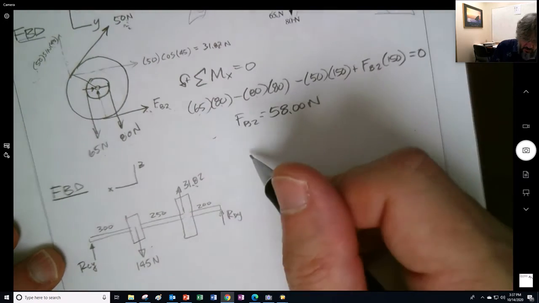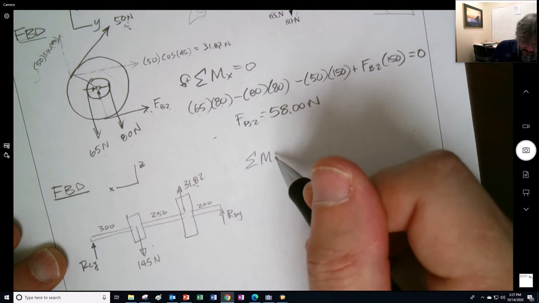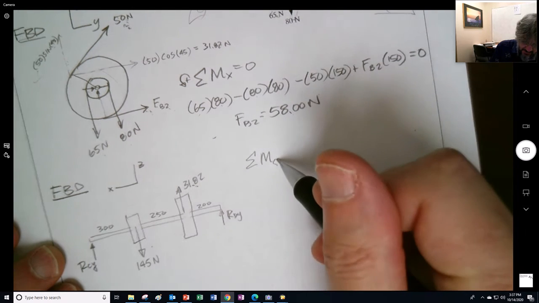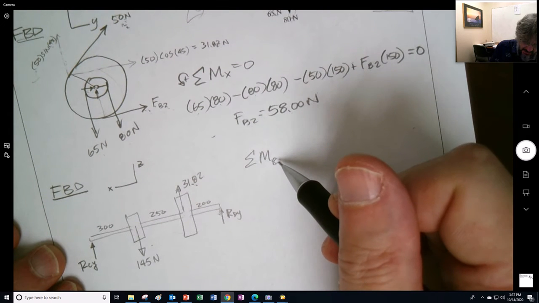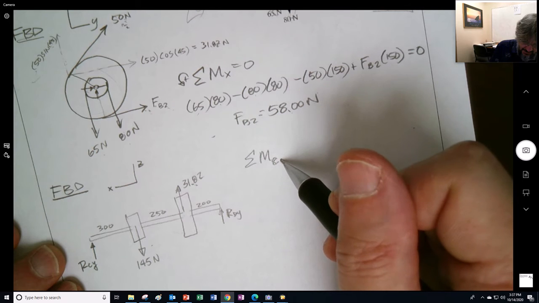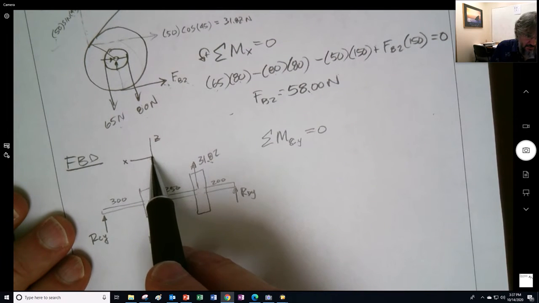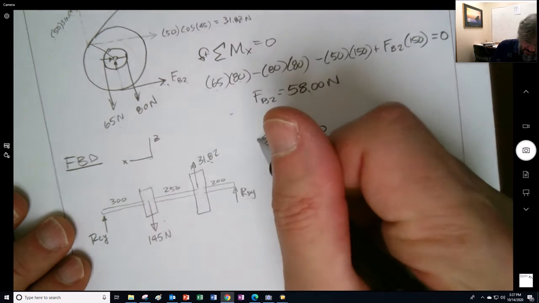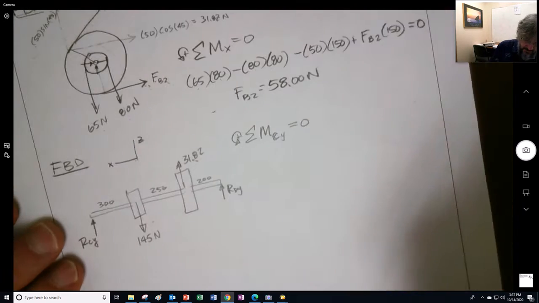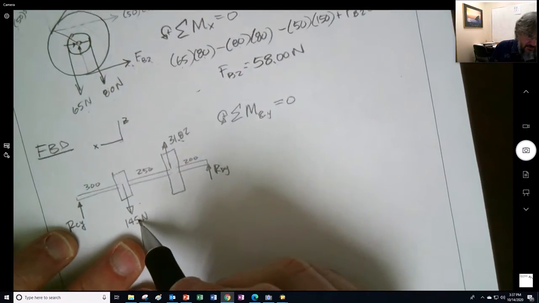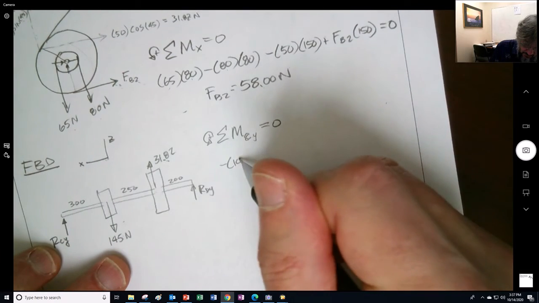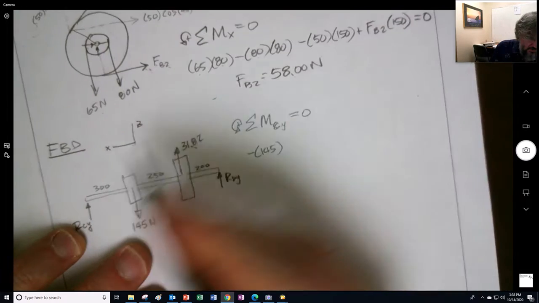We're ready to go. And we'll take the summation of moments. Let's take it about C. And if we were going to be very specific, that's going to be C, Y. All right, because Y is coming at us, so it's like we're going here and going in a counterclockwise direction. So we see we have negative 145. Moment arm is 300.